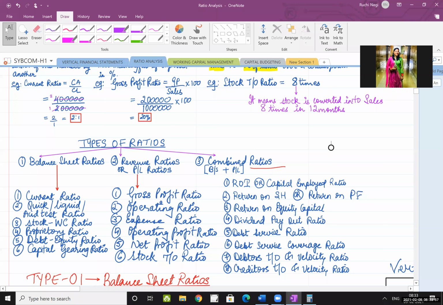When I study combined ratios, my numerator and denominator will be either in the balance sheet or in the P&L. So if my numerator is a balance sheet figure, my denominator will be a P&L figure, and vice versa, if my numerator is a P&L figure, my denominator will be from the balance sheet. That's the beauty of this chapter.